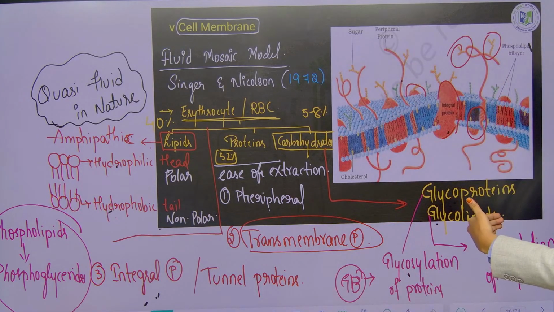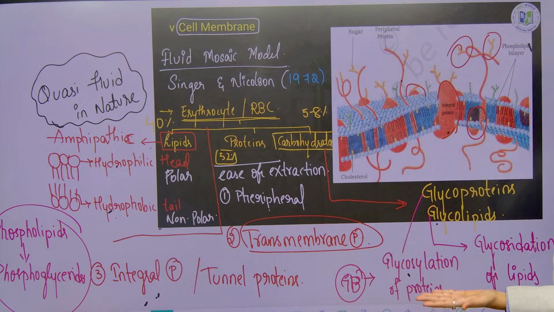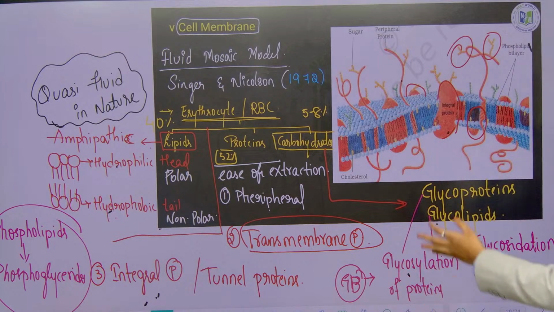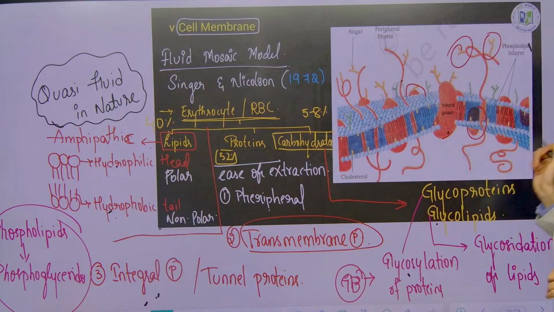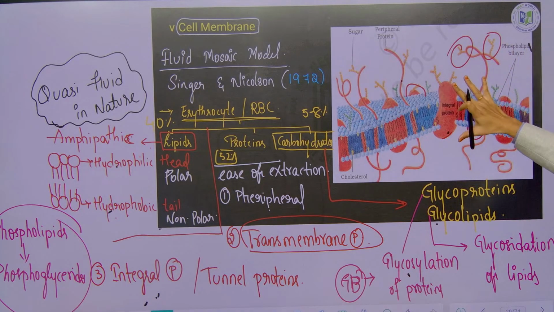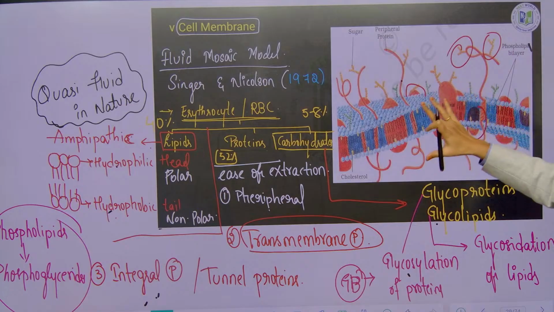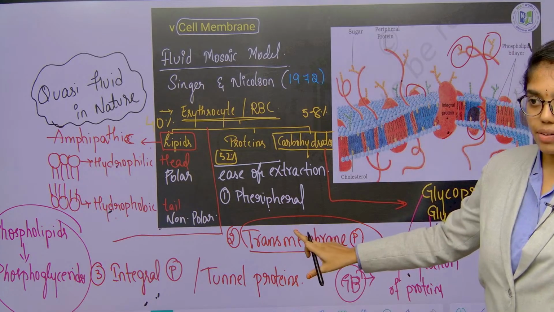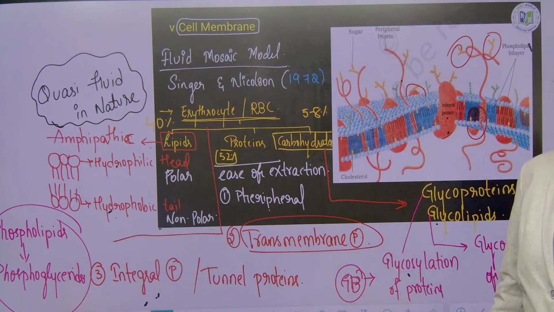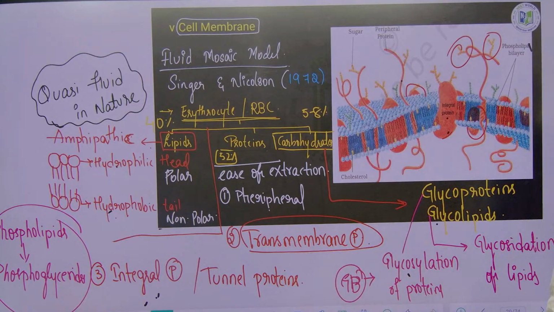Integral proteins are also known as tunnel proteins because they are embedded inside the plasma membrane. All integral proteins are transmembrane proteins, but not all transmembrane proteins are integral proteins. Clear?